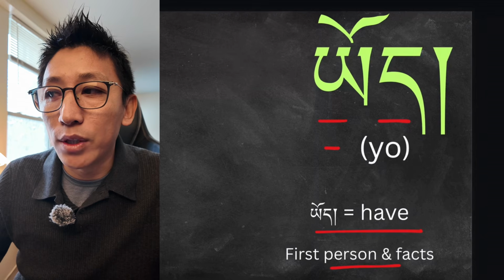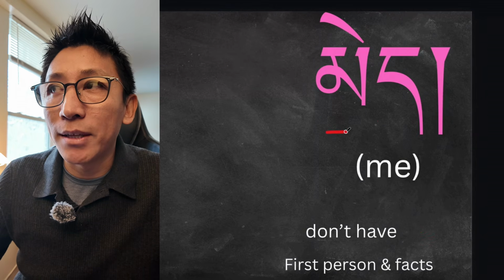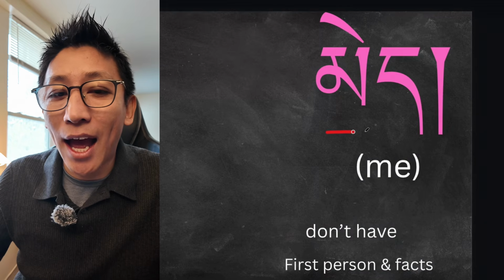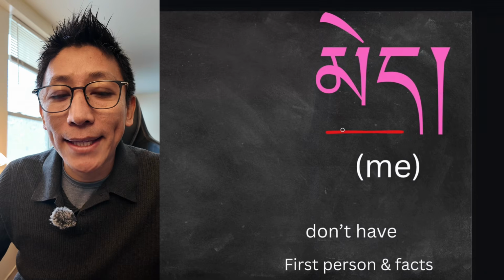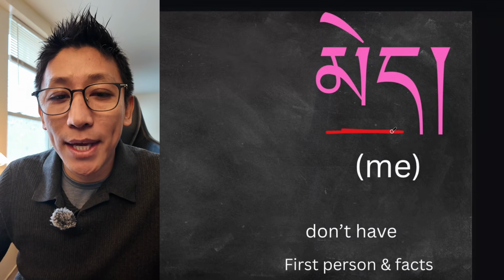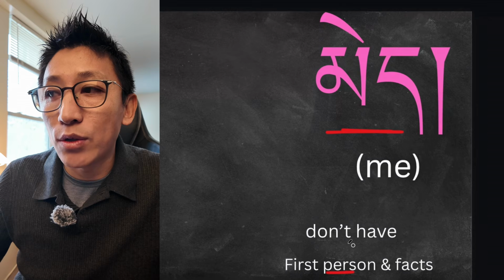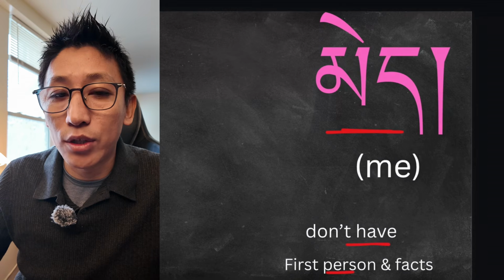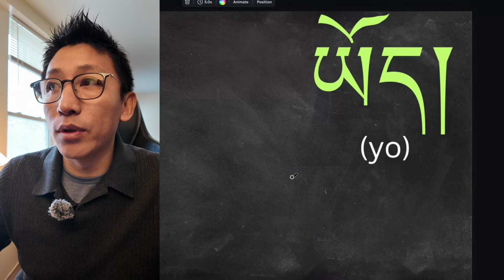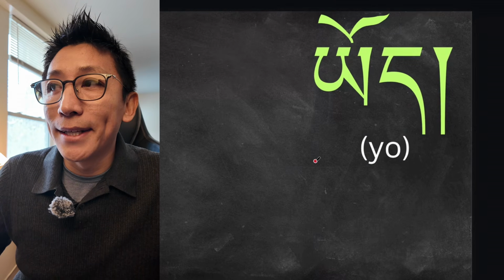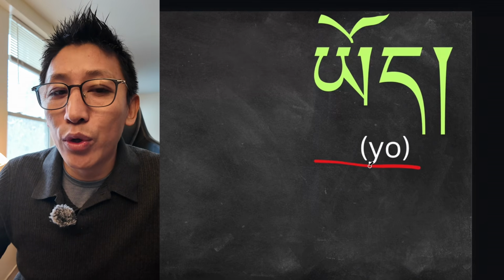"Yu" is used in the first person and in facts. "Ma ting bo me ta me." "Me" is also for first person as well as facts. It says don't have. So let's look at the "yu" again.